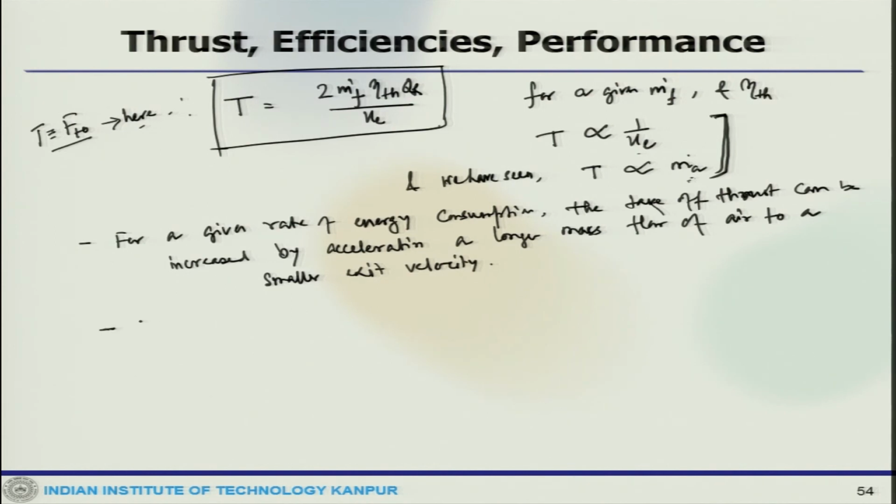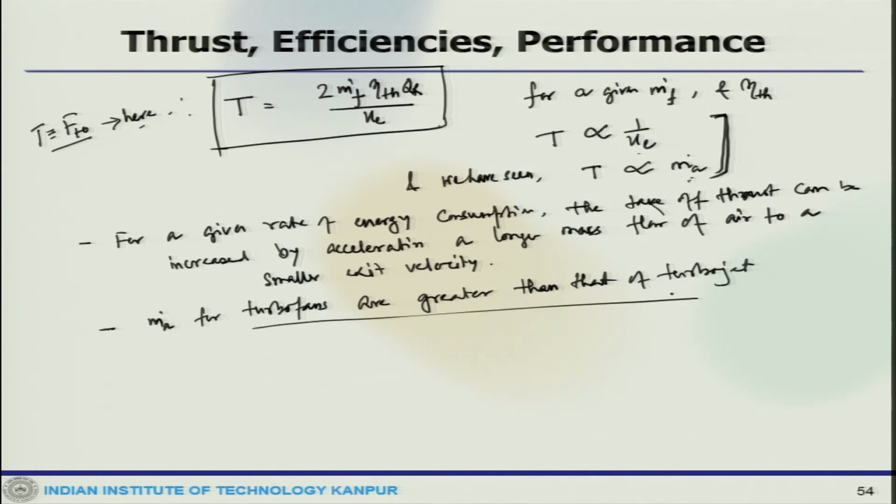And m dot A for turbofans is greater than that of turbojet. So, now you can see why recent developments commonly choose turbofan engines, because they can provide higher takeoff thrust.